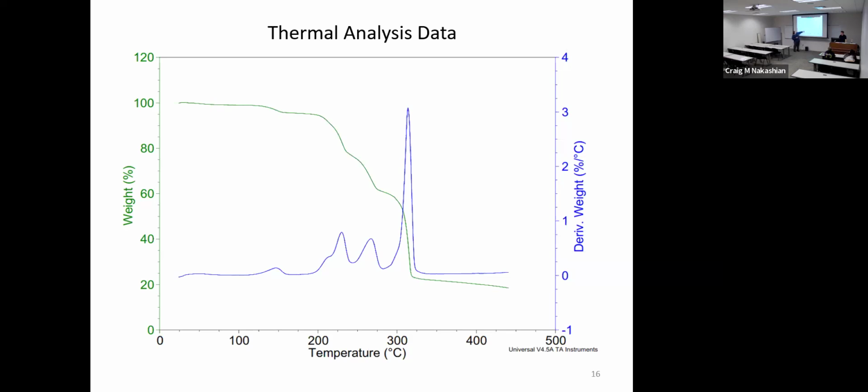There's nothing going on very early. We see a slight inflection, which is the loss of the water molecule connected to our metal. But after 200 degrees, this is just our framework starting to decompose. So what we're going to key on is what's happening early on, within the first 100, 150 degrees.